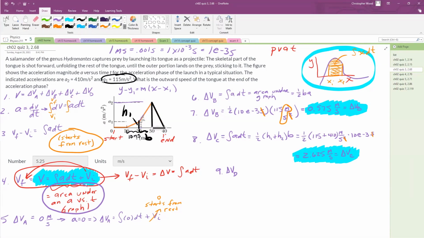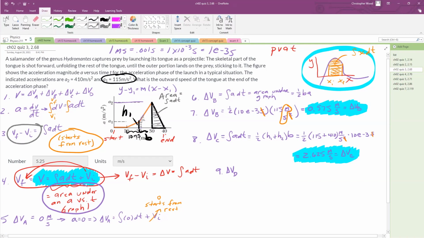So this shaded area corresponds to the integral of a dt. So again, this area equals the integral of a dt, which happens to be the change in velocity.